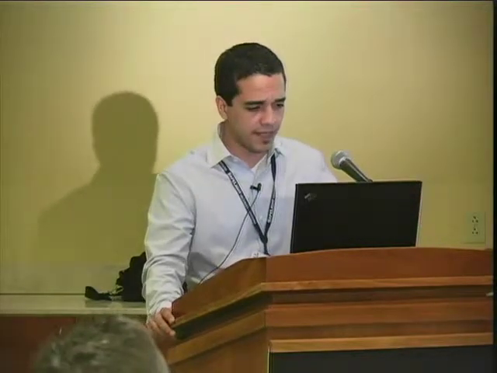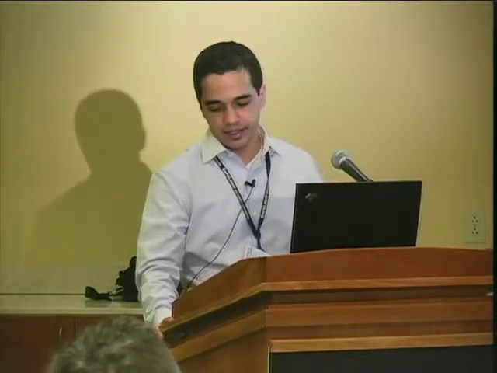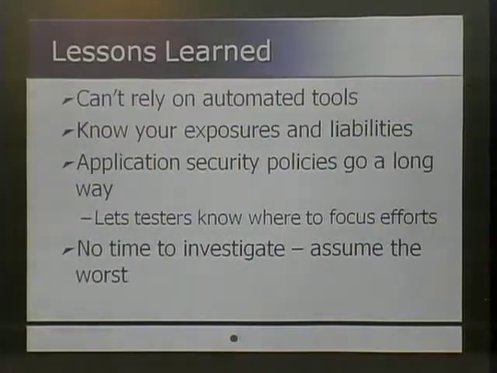And the final one was really important: no time to investigate. There were times where we found some vulnerabilities that we thought were exploitable, and you can spend an hour or two trying to actually prove an SQL injection issue. The first few we spent a lot of time on, and we assumed that, based on what we had seen, if it was doable, we passed it off as a vulnerability, and in most cases, it actually was.